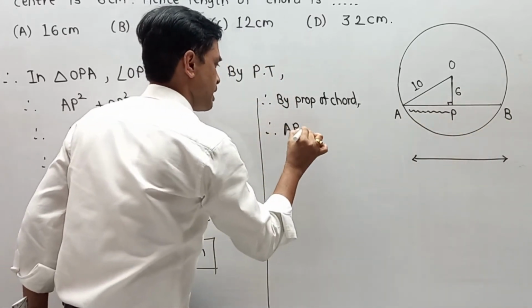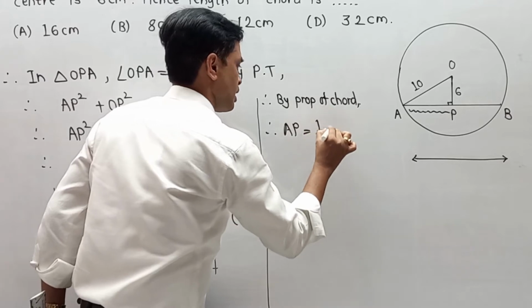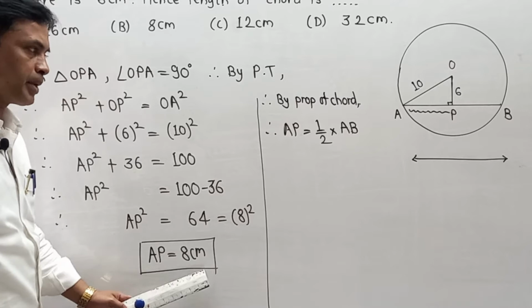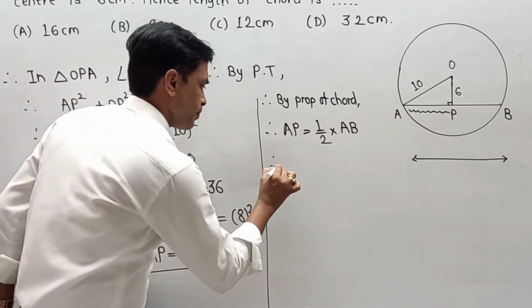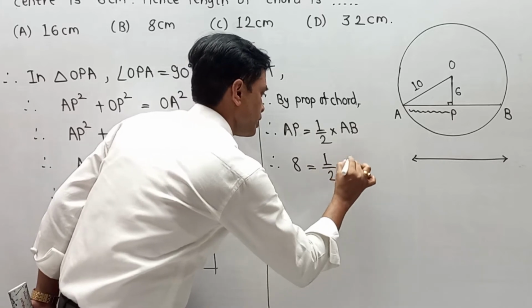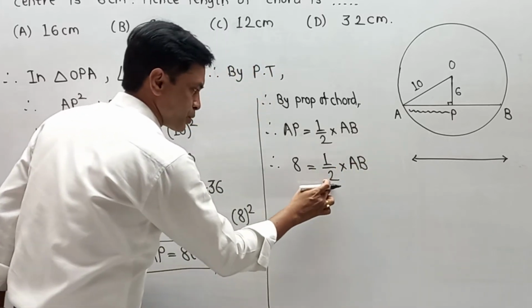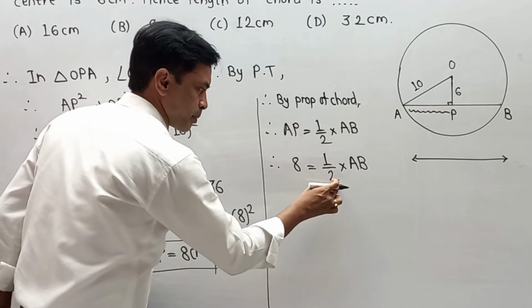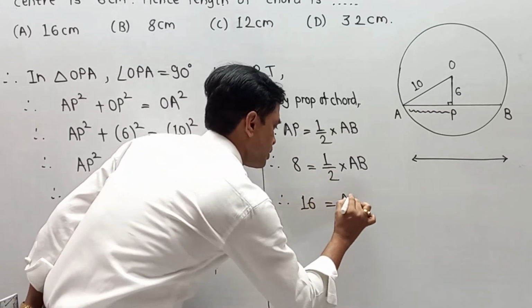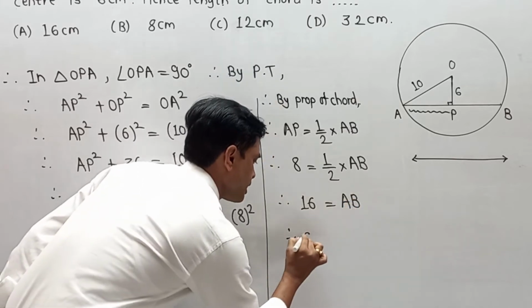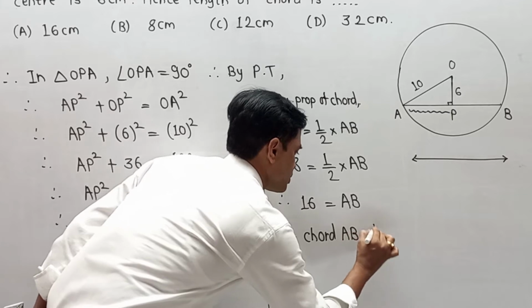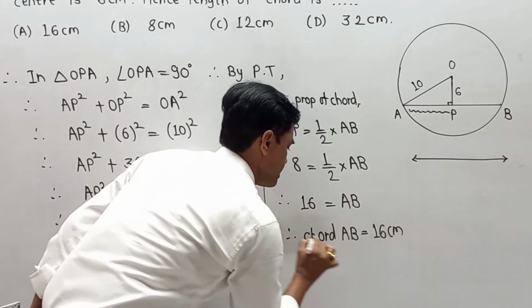We have calculated AP as 8, so 8 is equal to 1 upon 2 into AB. Shifting the 2 over, 2 into 8 becomes 16, which is equal to AB. So chord AB is equal to 16 centimeter.